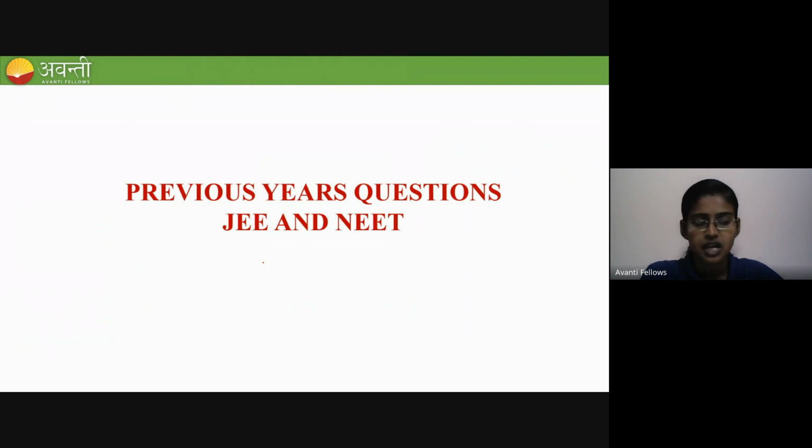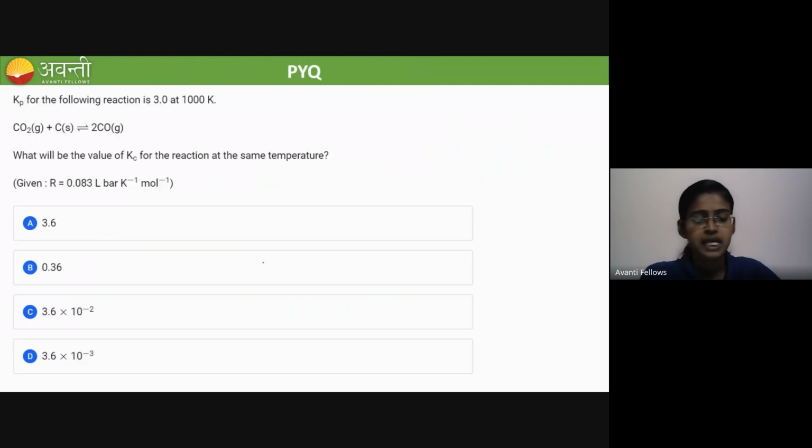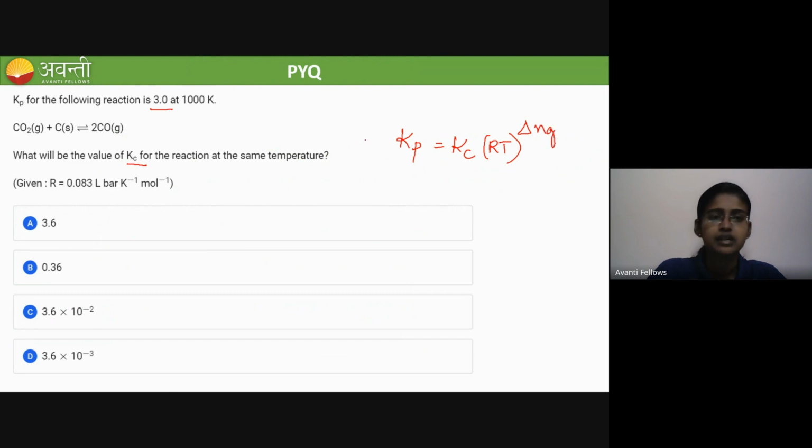So let's start with the first. The Kp for the following reaction is 3 at 1000 Kelvin. What will be the value of Kc for the reaction at the same temperature? We know that Kp is equal to Kc into RT power delta Ng, right? So what is delta Ng for this reaction?